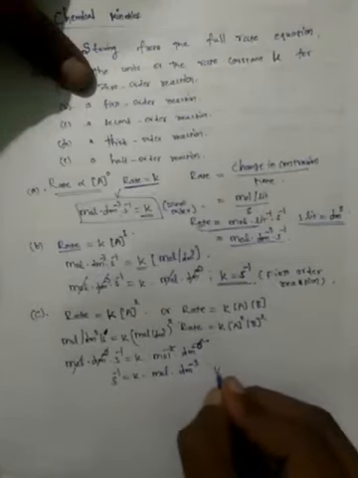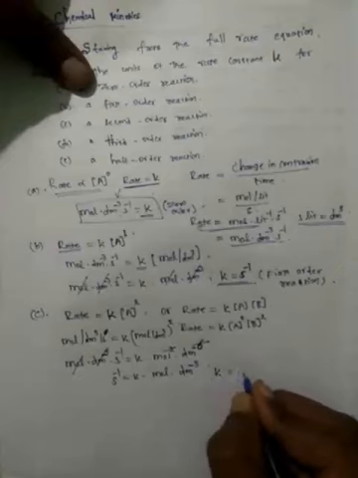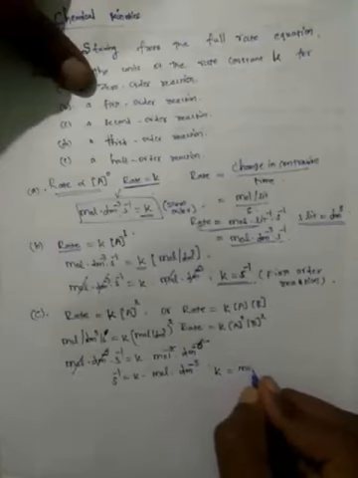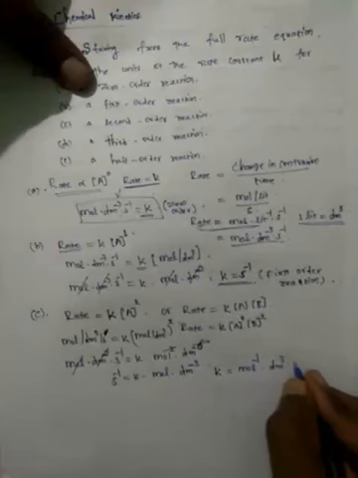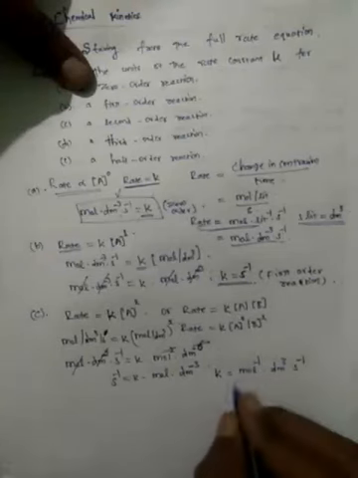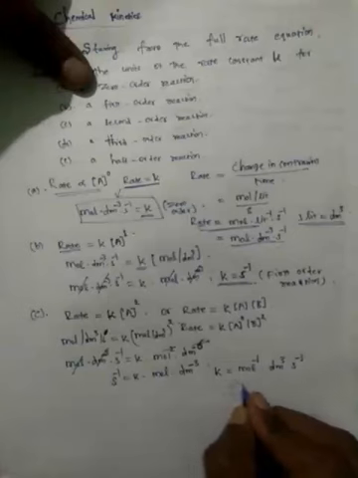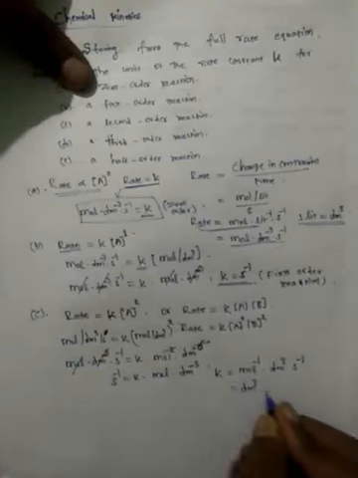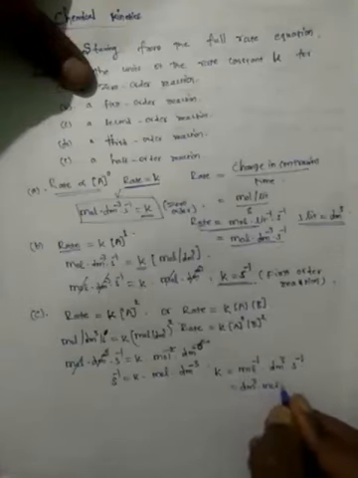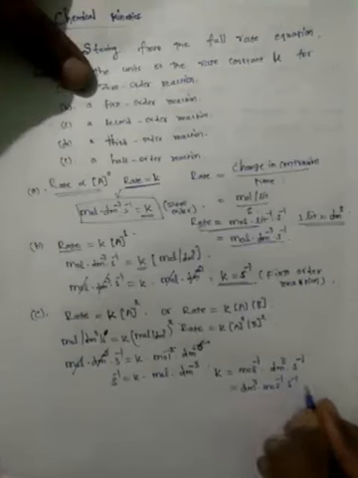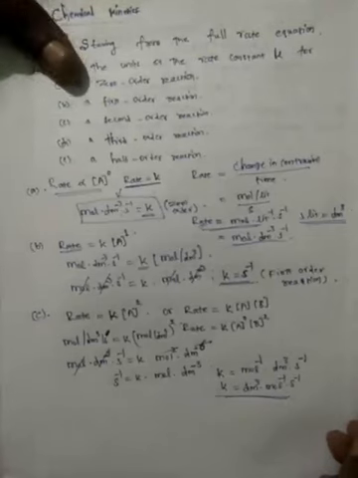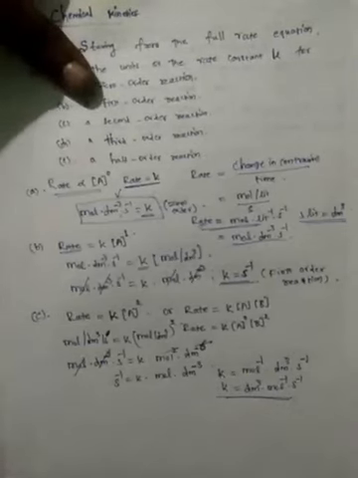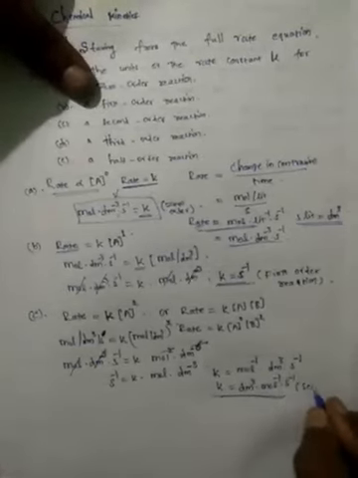Therefore K equal to mole inverse decimeter cube second inverse, or let me write decimeter cube per mole per second is the unit of rate constant for second order reaction.